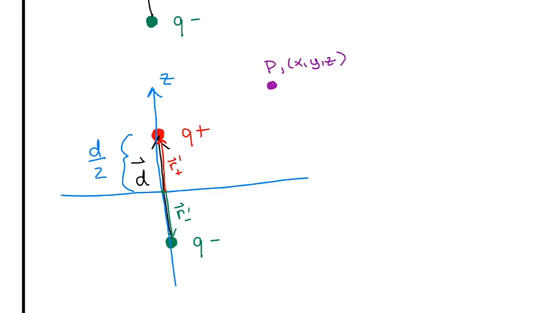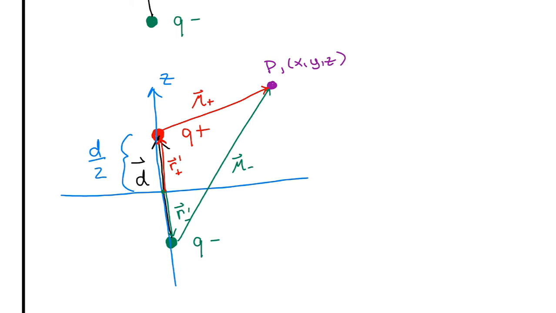I'm going to call that R plus prime. And then I need to define the separation vectors, which are going to point from the source, which is the charge here, to the point where I'm trying to evaluate the potential. So this would be my separation vector for the negative charge, and here, that would be my separation vector for the positive charge.